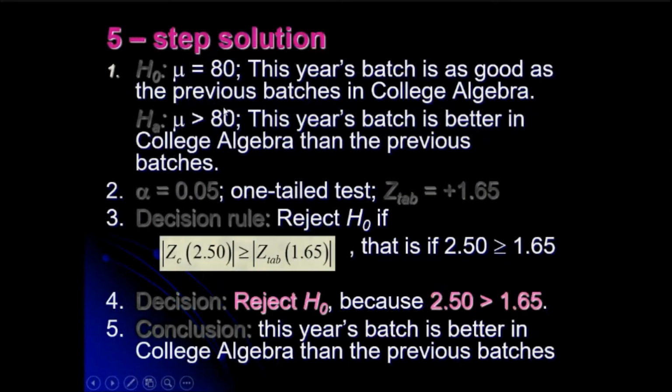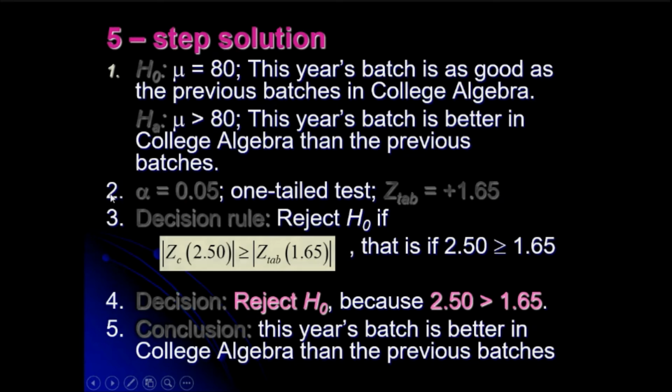So kung mas mataas siya sa 80, edi of course yung H0 mo, it's either equal or less than or equal to. So in this particular example, ang ginamit ni sir ay equal na lang. Pwede din namang as good as or lower than, or worse than. Okay? So H0 mo equal to 80, ang HA mo is greater than 80.